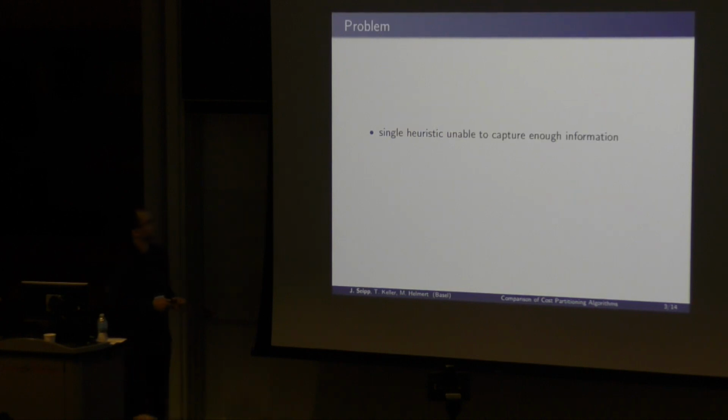Okay, so what's the problem with using abstraction heuristics? Usually one heuristic is unable to capture enough information to solve the problem. That's why we want to use multiple heuristics. But then the problem becomes, how do we combine these heuristics in a way that is still admissible, because we want to guarantee optimality?